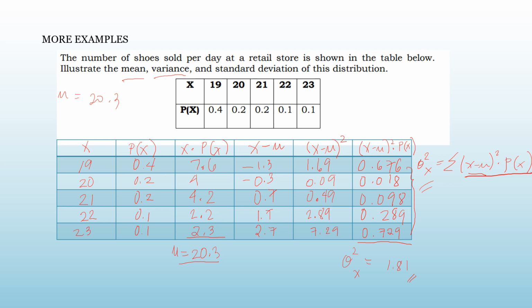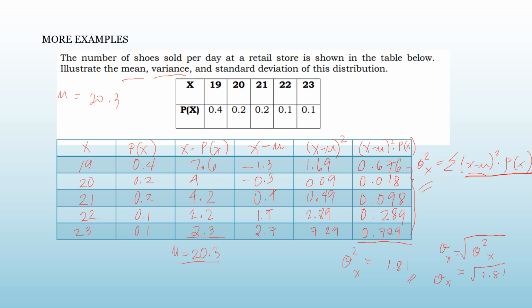For us to get the standard deviation, it is just the square root of the variance. So in short, standard deviation is equal to the square root of 1.81.